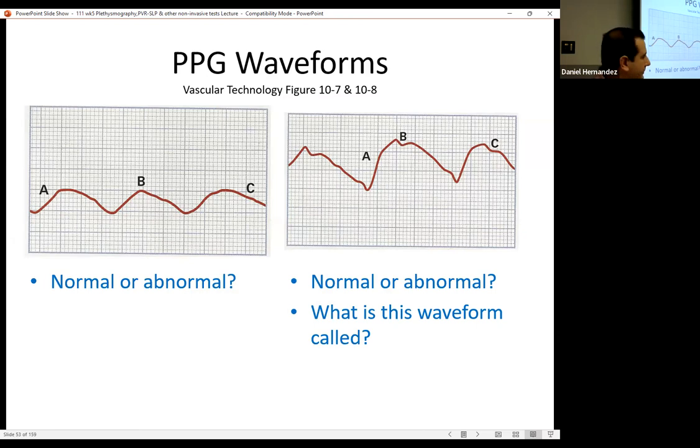Is that always Raynaud's? This peaked waveform, that's Raynaud's disease? Yes. Raynaud's phenomenon would be one that looks more obstructed, because it has that obstructive disease with it. And that's always Raynaud's phenomenon?